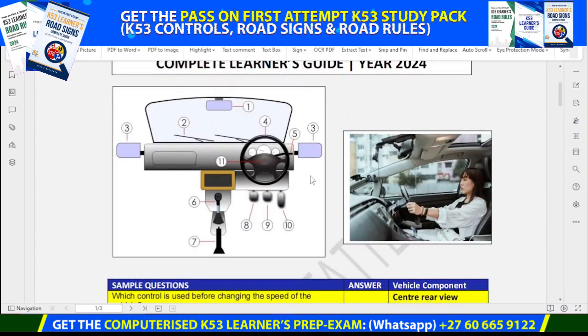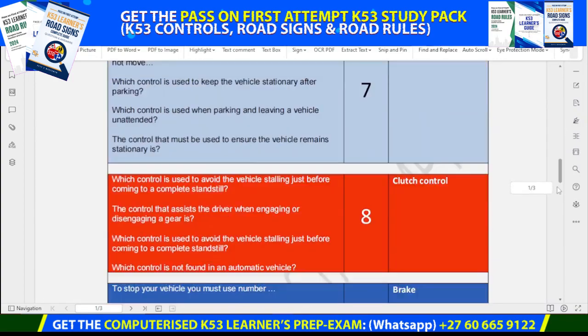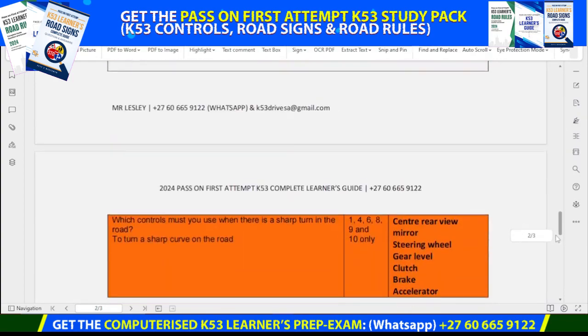Remember, to see what is in the rear, use this one, but to see what is on the sides of the rear, use this one. So this one is the right and the left rear view mirror, and this one is the center rear view mirror. So we have 1 and 3. 1 and 3 are used to see what is on the rear side of the vehicle, right?